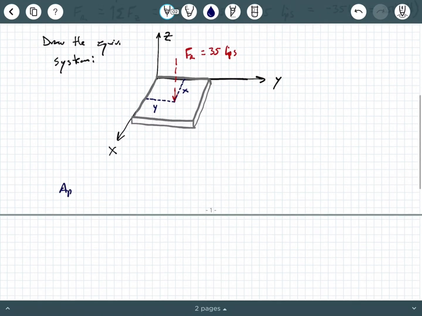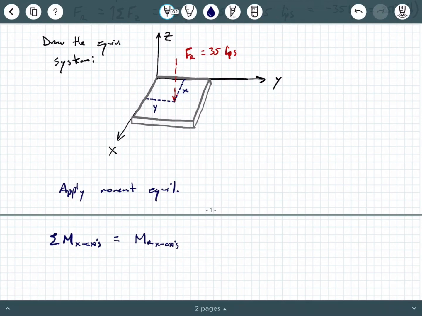So here's what I'm going to do. I'm going to apply moment equilibrium. I'm going to say the sum of the moments about the x-axis equals the resultant moment about the x-axis.